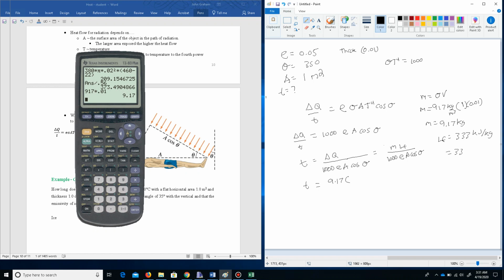So this is 333,000 joules per kilogram. Alright. This is 1,000. This is 0.05. The A is going to be 1, which I can write but won't calculate. And then cosine 35.